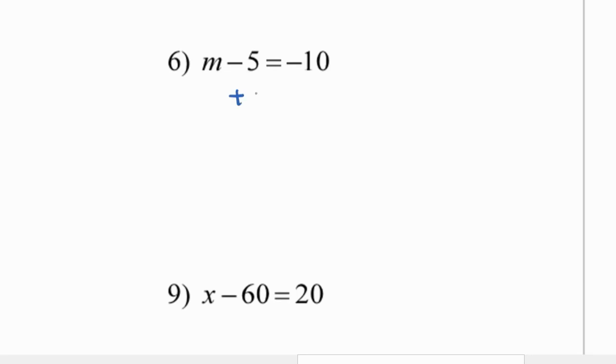So let's add 5 on both sides. And this will be cancelled. M will be isolated. Negative 10 plus 5 is negative 5. So this will be the answer.